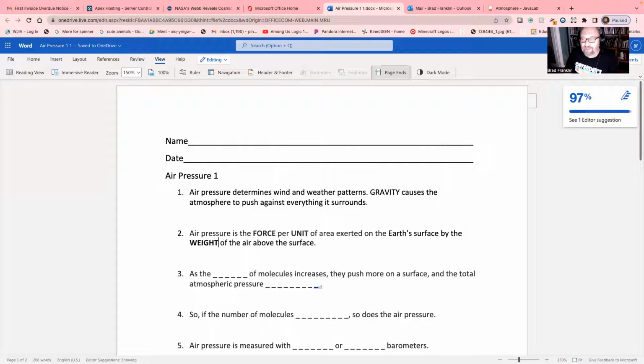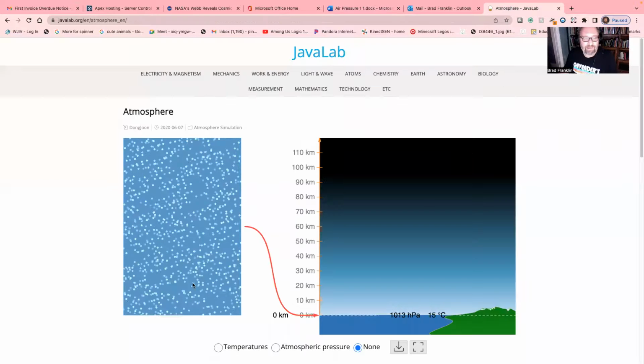Force per unit of area exerted on the Earth's surface by the weight of the air above the surface. All right. As the blank of molecules increase, they push more on a surface, and the total atmospheric pressure does something. As the blank of molecules increases, let's go back to our atmosphere lab.